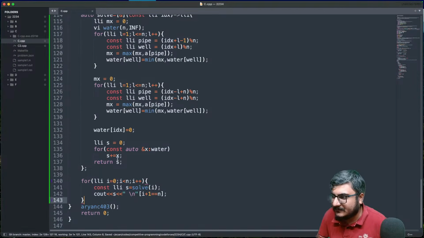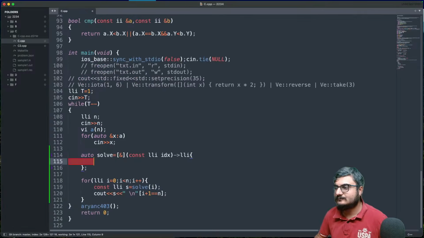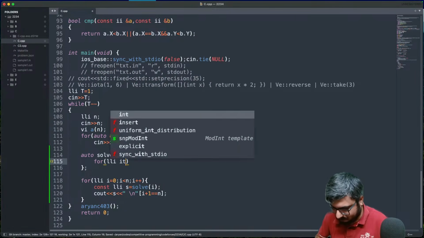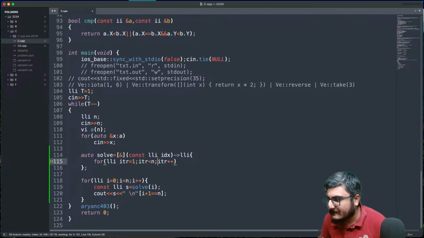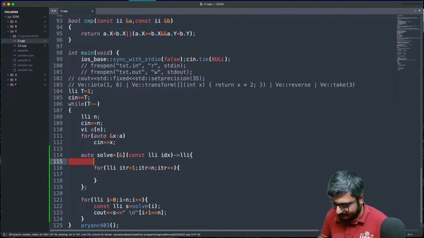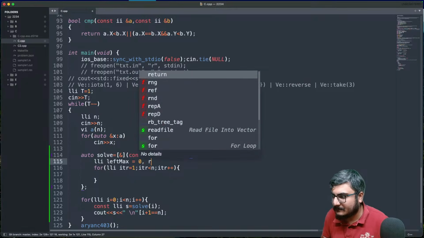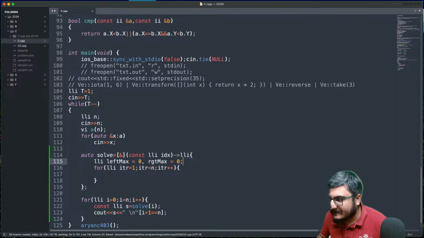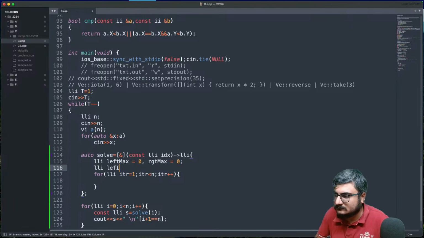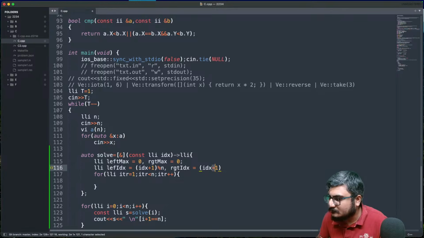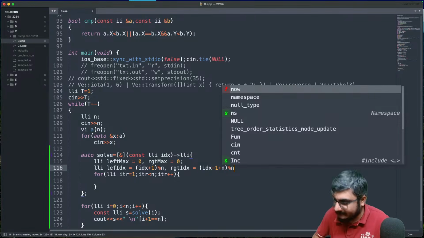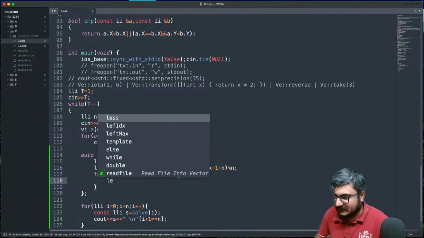This is again n square, but this idea will actually give me now my left max.